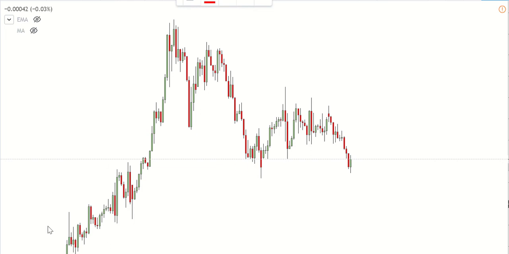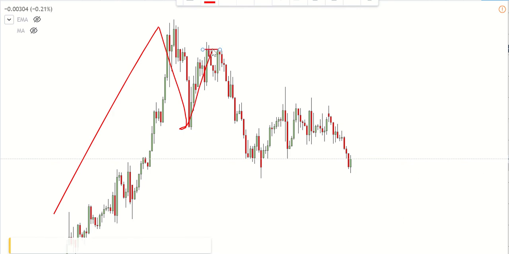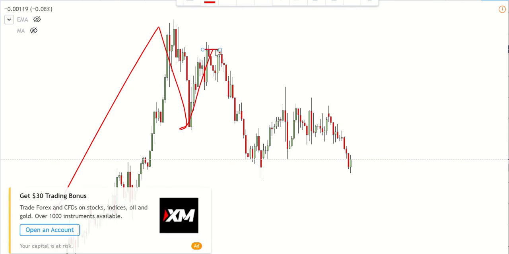First things first, we can see that price has been bullish since I think it was the 6th of March, and you had this correction and we have support. Price went up, created this level of resistance here at the top, and what's significant about that level of resistance is that you also have a double top reversal pattern.